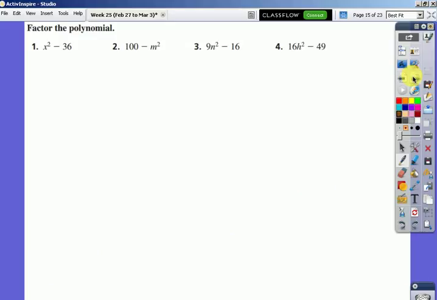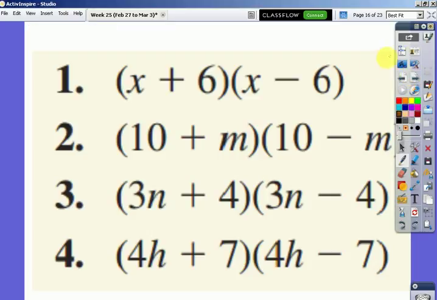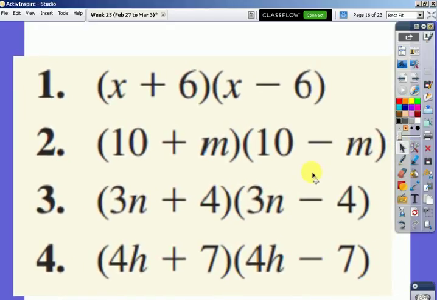Go ahead and factor these. Let's check to see how you did, and if you didn't get these, let me know which ones you need to see. Did you get those? Okay, good.